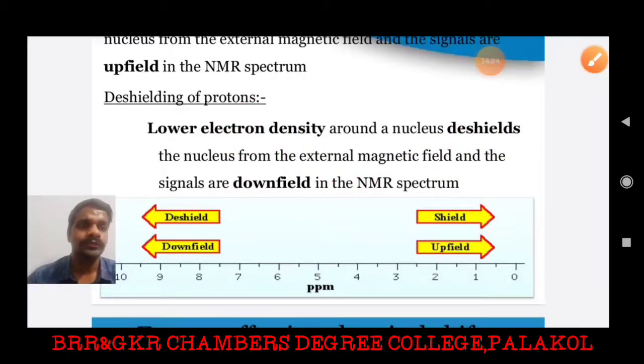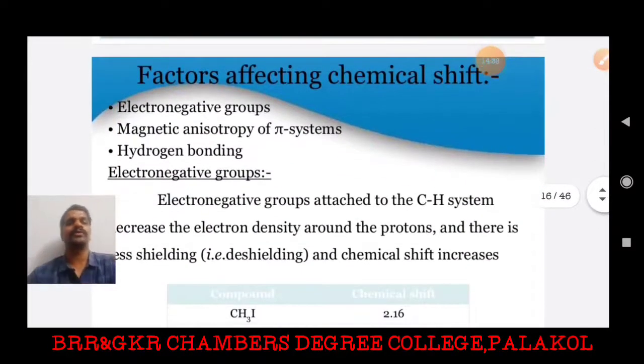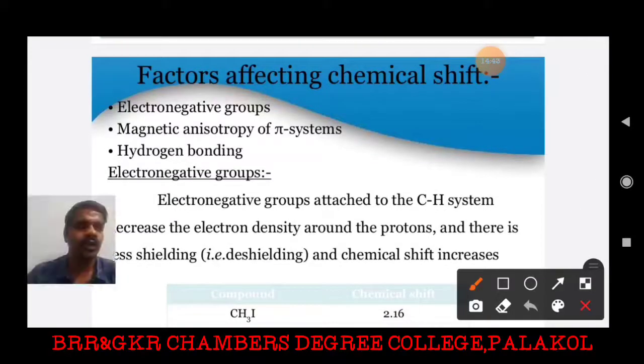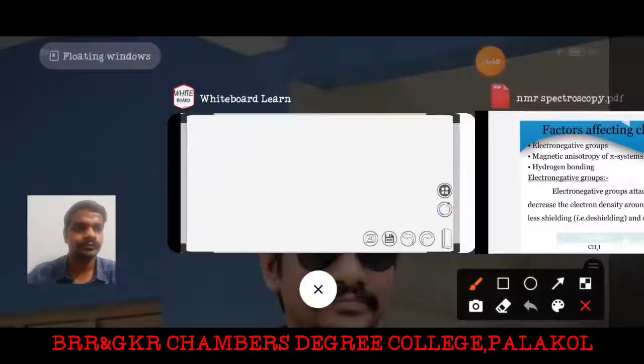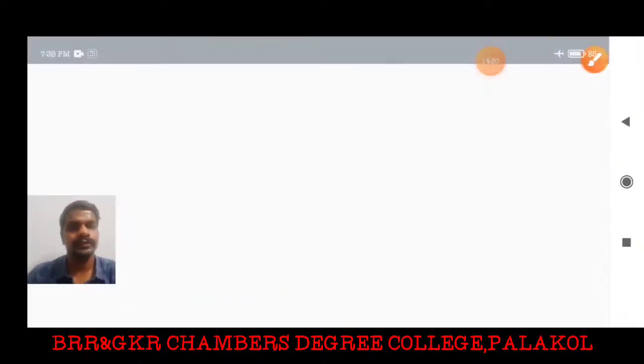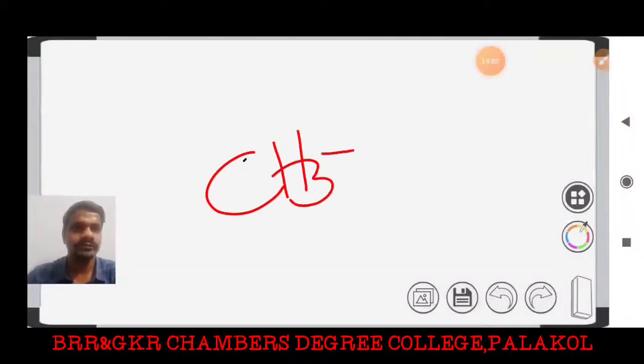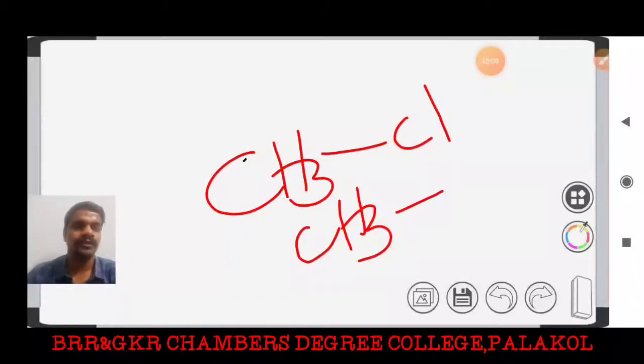So here some factors will influence the chemical shift value of the particular nucleus. For example, if we take CH3Cl and CH3F, that means methyl chloride and methyl fluoride.